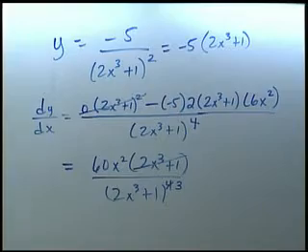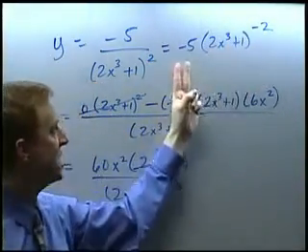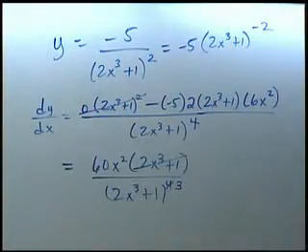Negative second. Okay? And now do I have to do a quotient rule anymore? No. Do I have to do a product rule? No. Okay? I don't have to do any special rules if I rewrite it in this form because now all I've got is a number times a function. Okay? So let's go ahead and calculate the derivative this way.